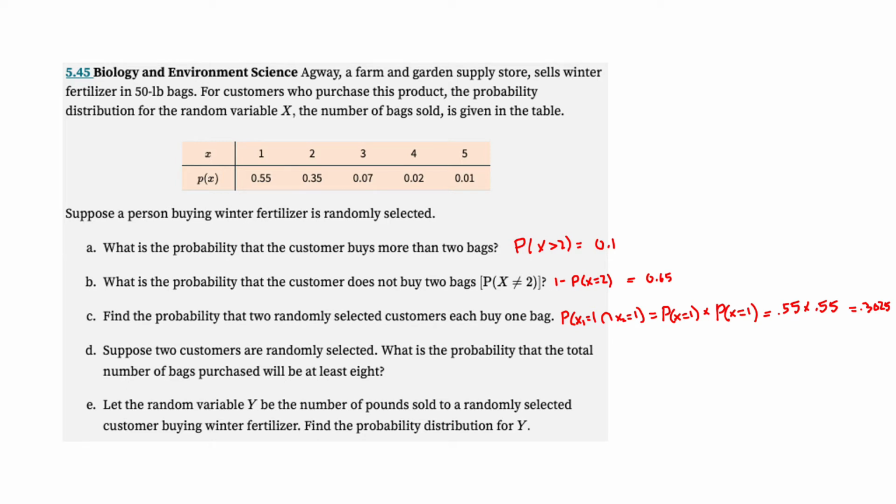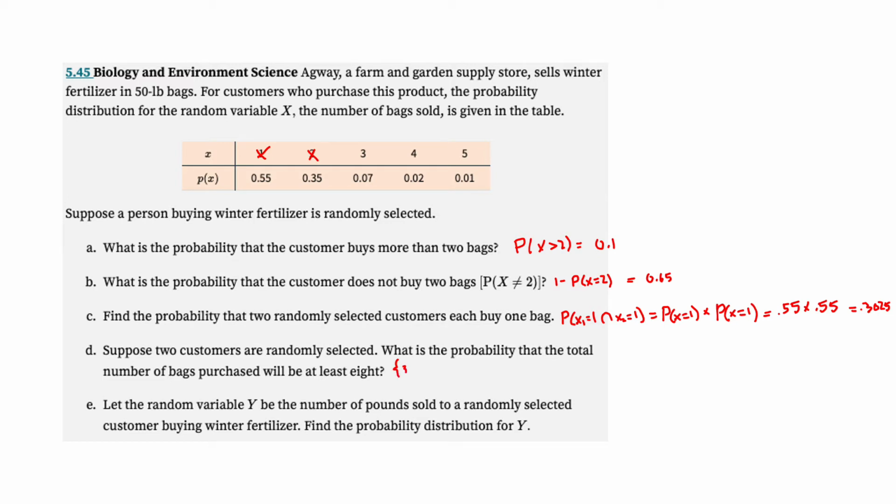First of all, we have to think about how we can make a total of 8 bags between two people. You're going to realize pretty quickly that if you have one of them with 1 bag, the second person can't possibly buy enough for them to have 8 bags. So these two are going to get removed. And we're going to perform this calculation in C for sets that total at least 8. So that's 8 or 9 in this case. Our first person has 3, our second person has 5.